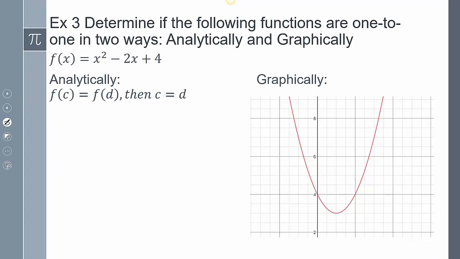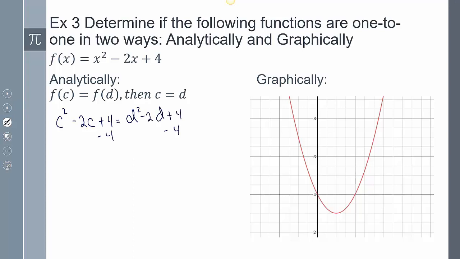Let's take a look at this one. Now this is where we get an issue here. First of all, trying to do this analytically, it's kind of difficult. I mean, if I did c squared minus 2c plus 4 equals d squared minus 2d plus 4.